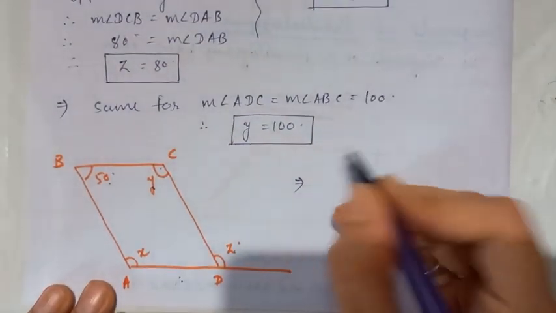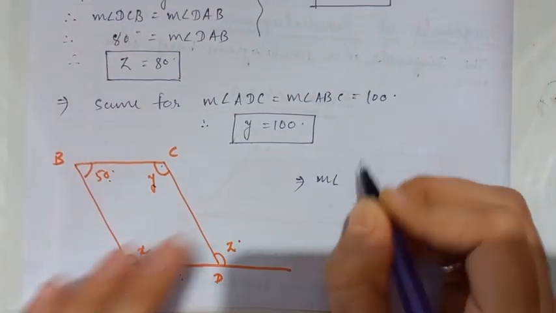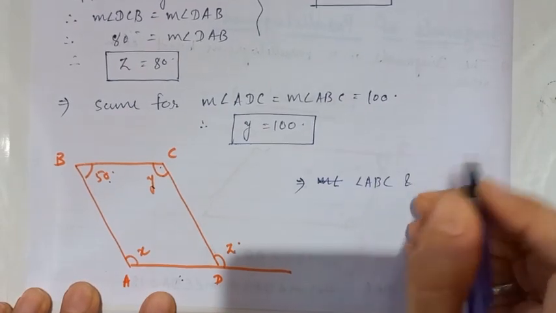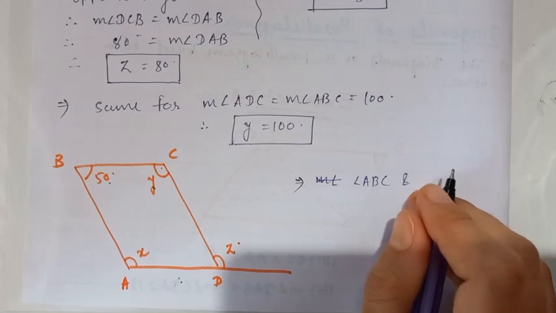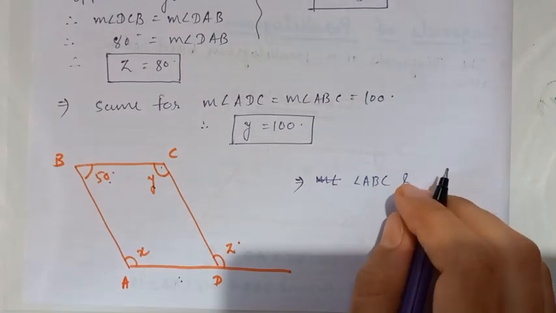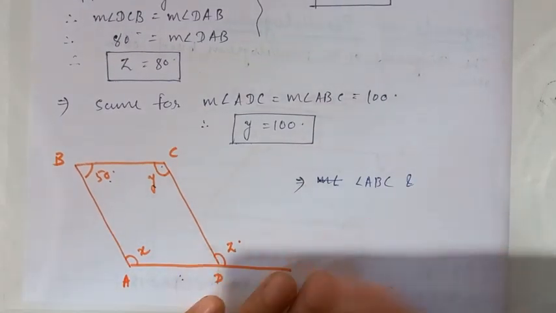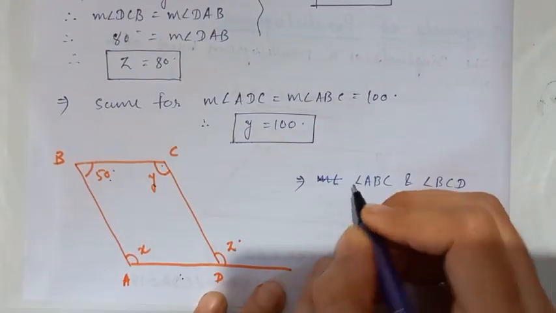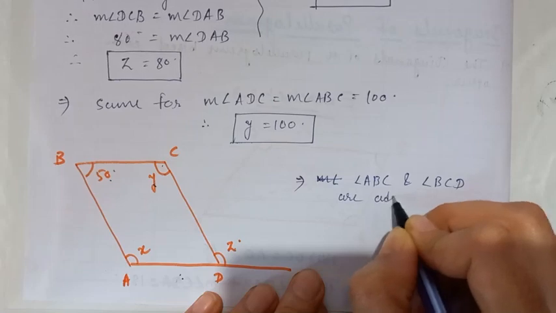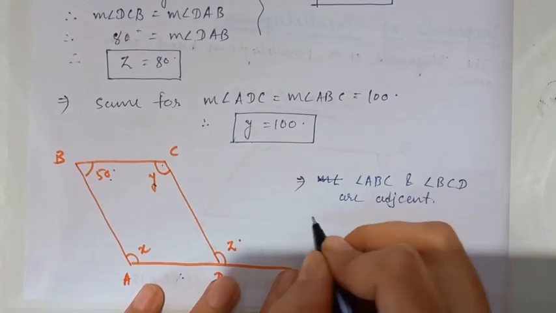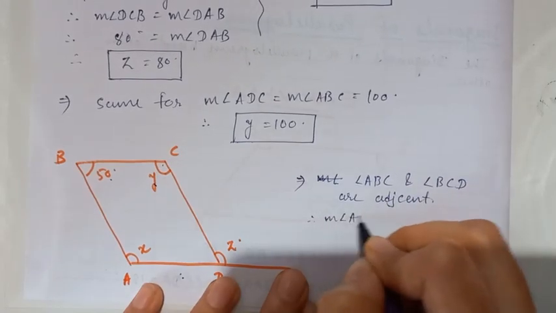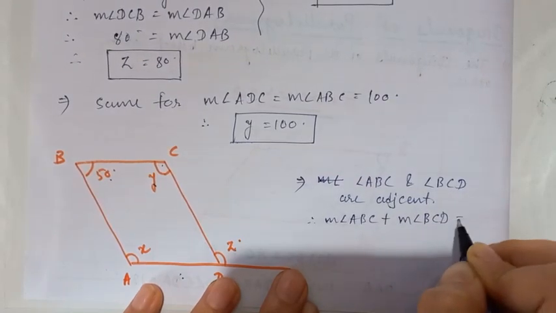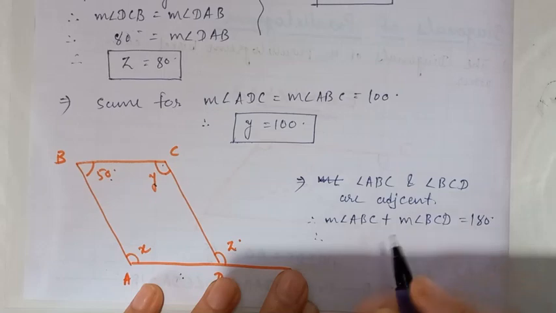So here, measure of angle ABC. Angles can be opposite and adjacent. So angle ABC and angle BCD are adjacent. So measure of ABC plus measure of BCD is equal to 180 degree.